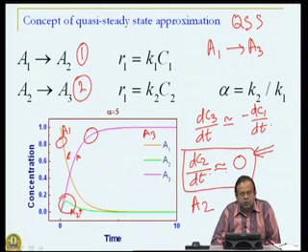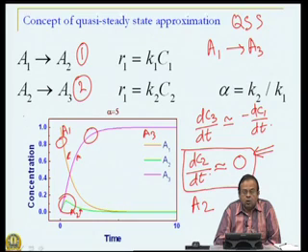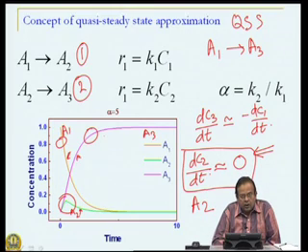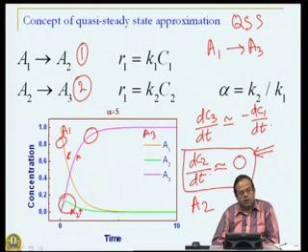Quasi steady state approximation is invoked for a species, not for a reaction. Quasi equilibrium approximation is invoked for the reaction, not any species, whereas quasi steady state approximation is invoked for the species. Now, what was the condition under which we can invoke this? This was the case when the second reaction was much faster than the first reaction.